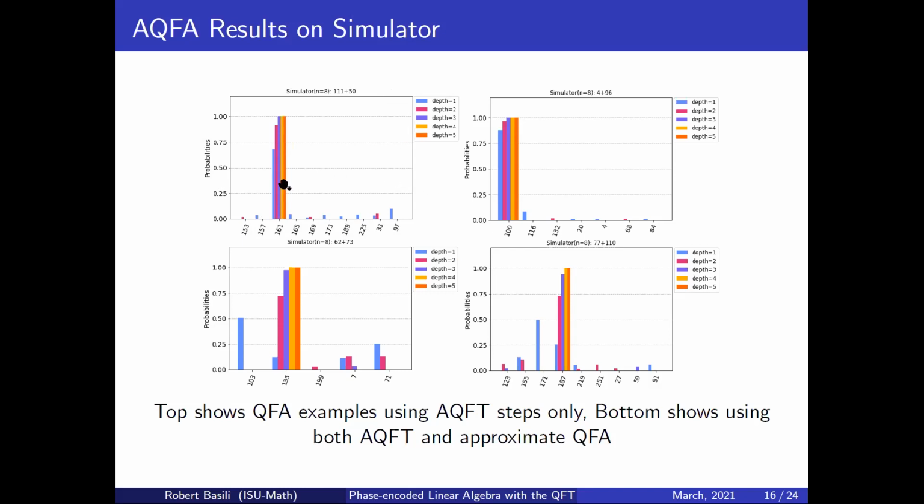So as you can see, that's the top, and on the bottom is where we do both the AQFT and the approximate QFA, that is to say we do all the approximation steps that we've discussed so far. A few things I wanted to note on this graph: I wanted to include this one, a 4 plus 96, to point out something I've noticed with the Fourier adder.